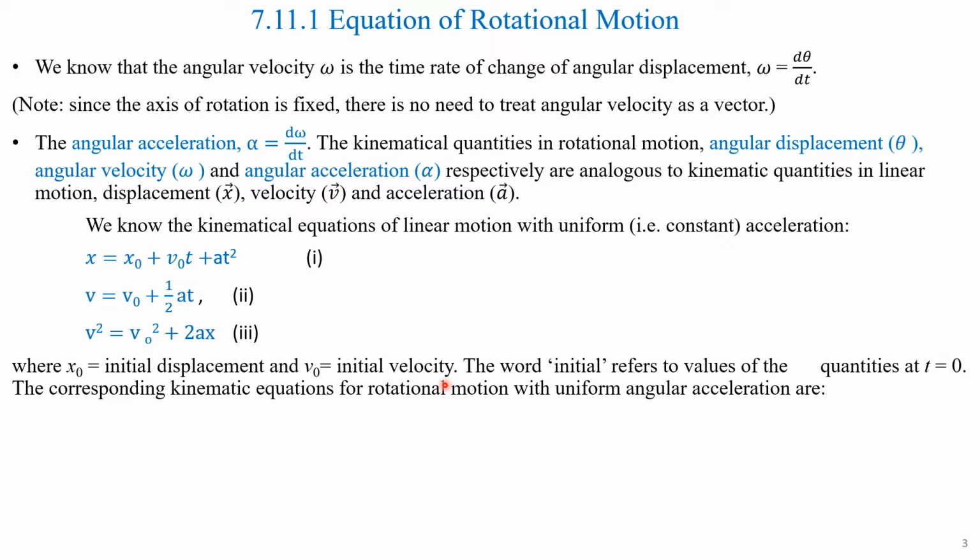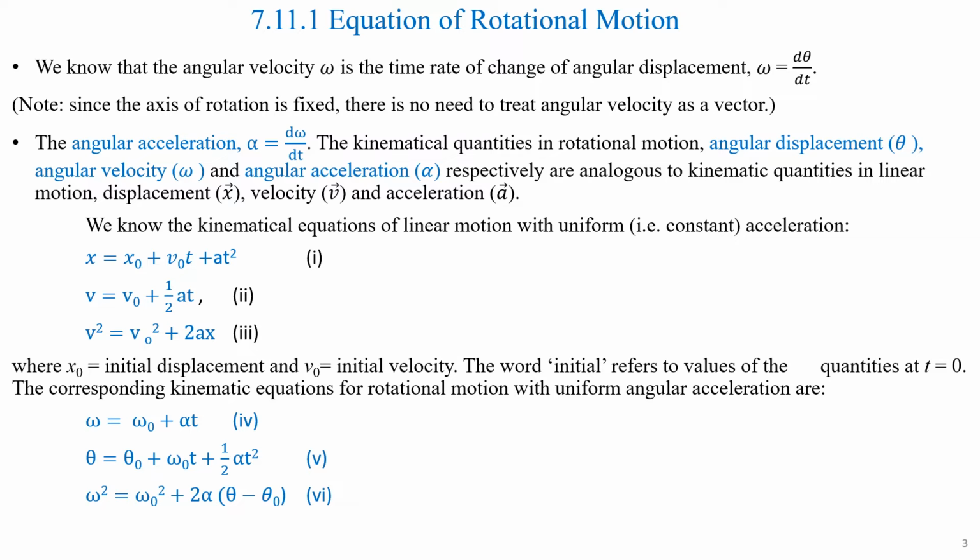The corresponding equations for rotational motion with uniform angular acceleration are omega is equal to omega naught plus alpha t, theta is equal to theta naught plus omega naught t plus half alpha t square, and omega square is equal to omega naught square plus 2 alpha into theta minus theta naught.